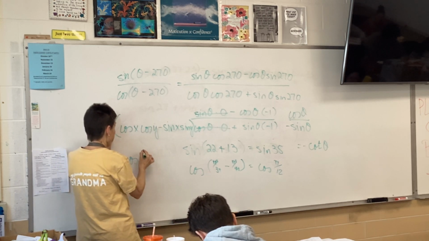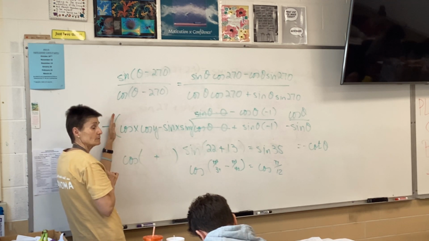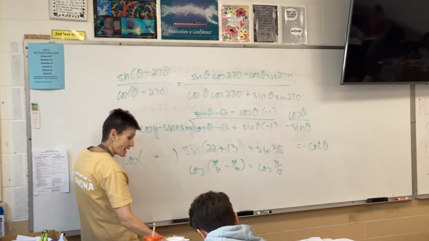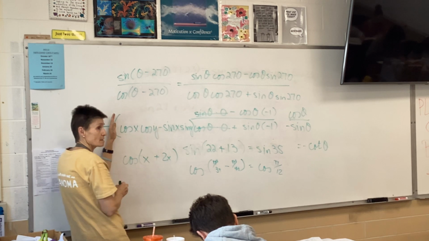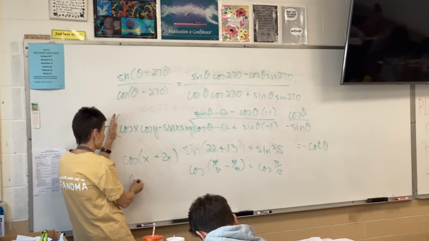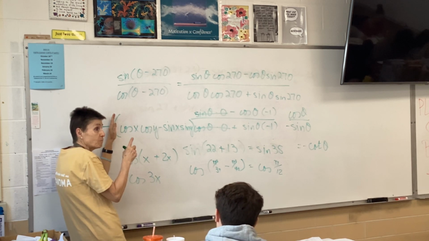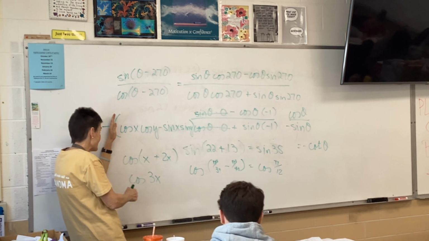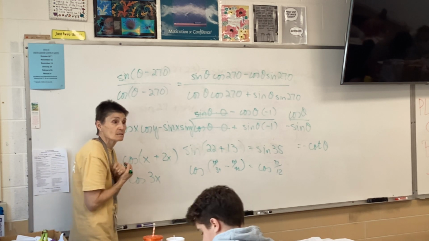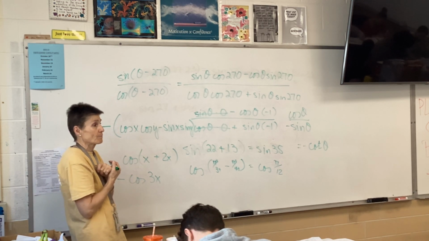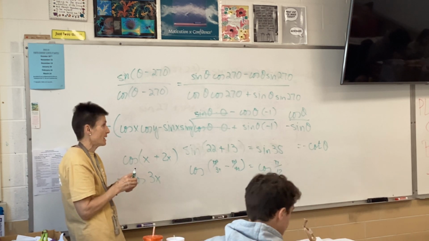That's a cosine of an angle plus an angle. So what are my angles in my problem? X and 2x. So that's cosine 3x. But because the formula was backwards, it's actually negative cosine 3x. It would not be a secant. No, negative cosine.